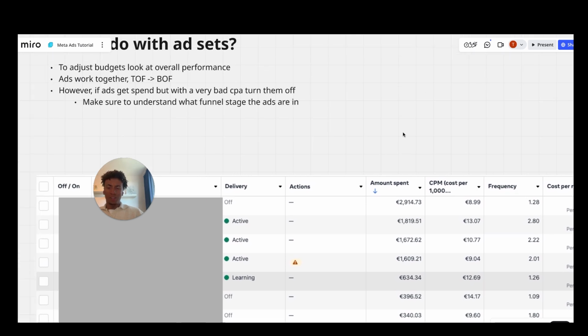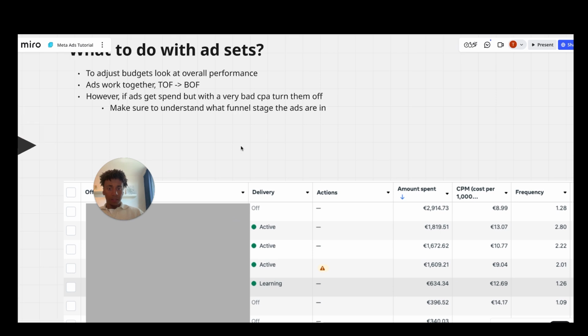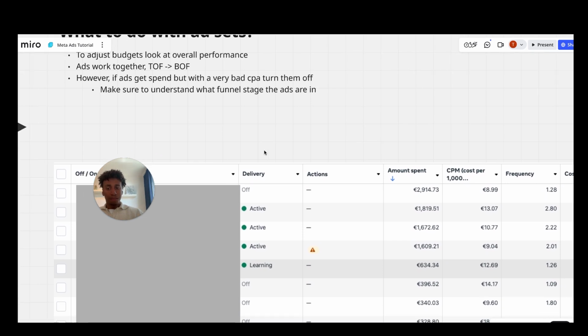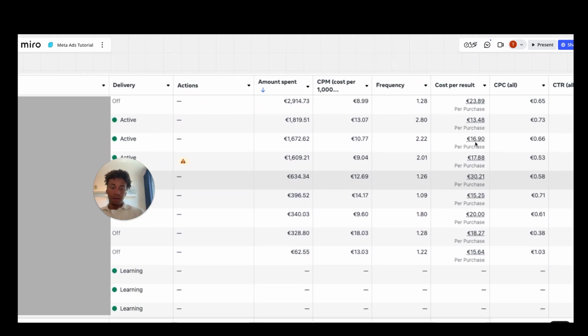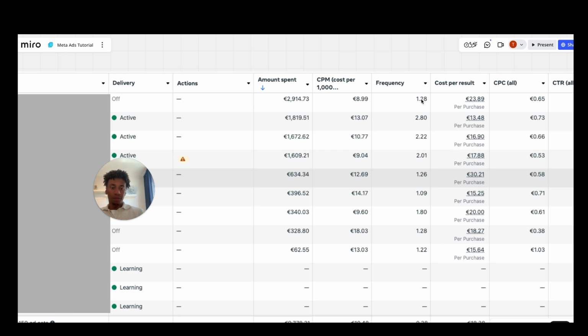So as I said, you just don't want to touch your ad sets. However, if ads get spent but they get a very bad CPA, then you can turn them off. But please make sure to understand what funnel stage these are in, because, for example, this ad has, you could say, a bad CPA because it is higher than the average, but as you see, the frequency is very low. So we would keep this ad set on.